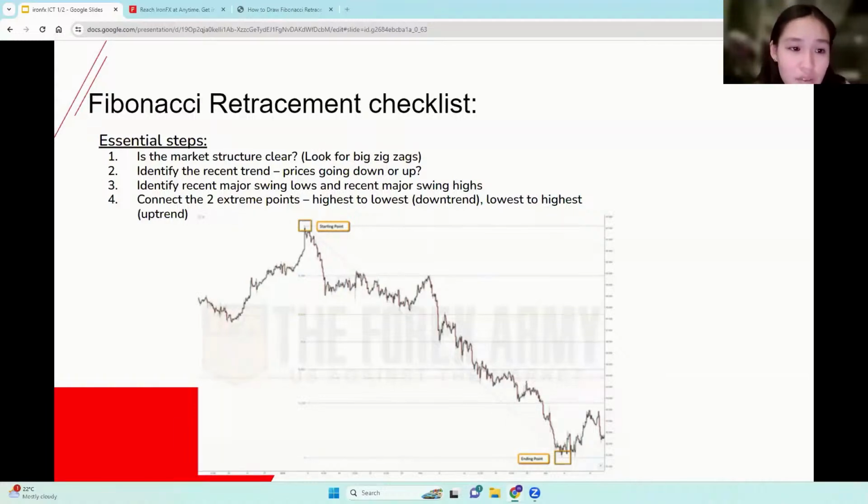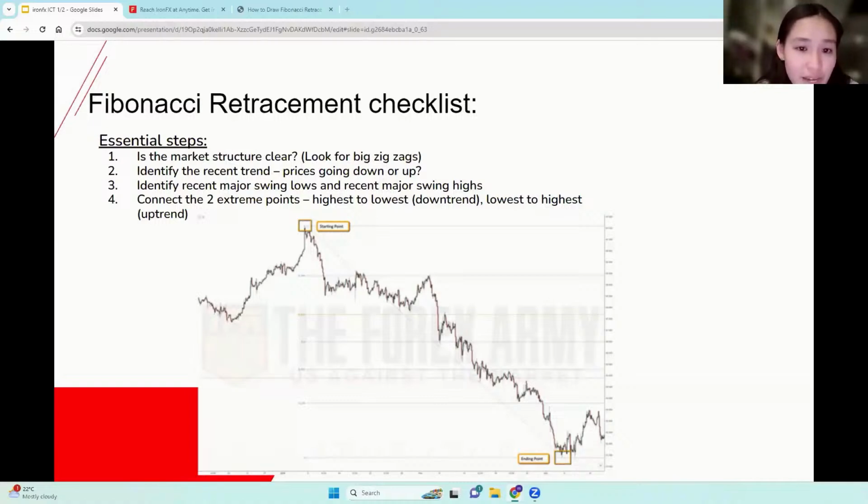So this is a Fibonacci retracement checklist. Firstly, you want to see, is the market structure clear? We showed you previously how to identify a clear market structure. Next, we want to look for the recent trend, whether price is going up or down, and it's important to always follow the general trend.